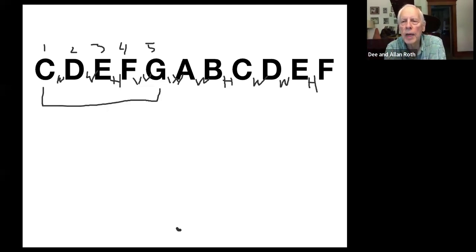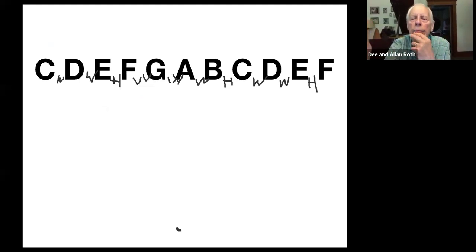So you see, between C and G, that perfect fifth has 3 whole steps and a half step. Now let's look at the fifth generated by D and A. If we start at D, D to A is a fifth. And we've got 1, 2, 3 whole steps and a half step.